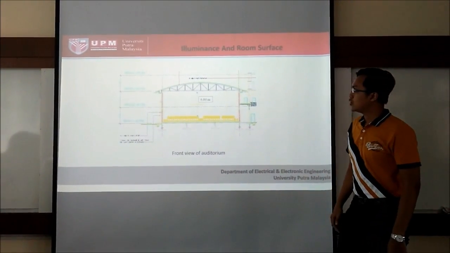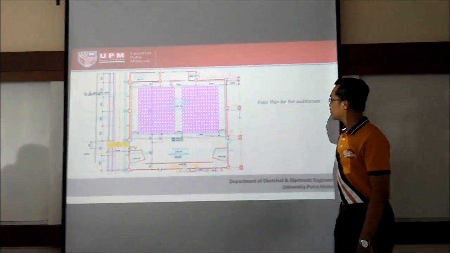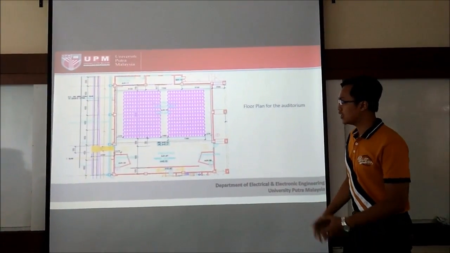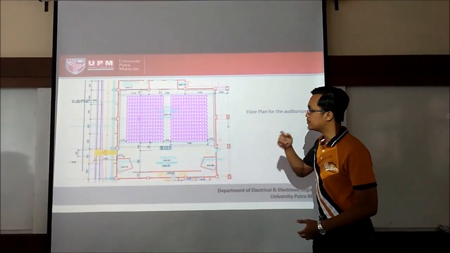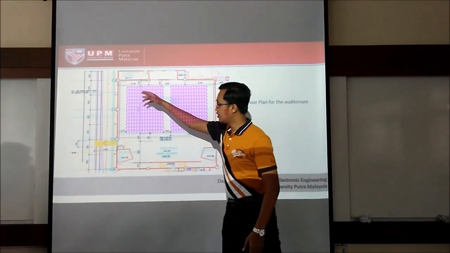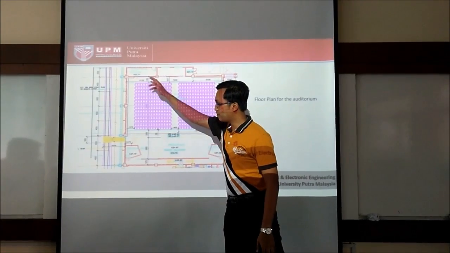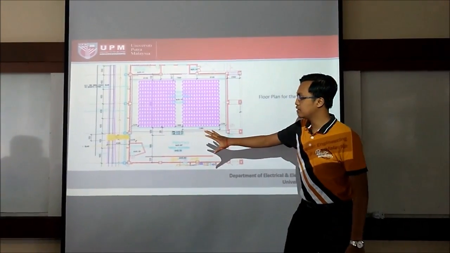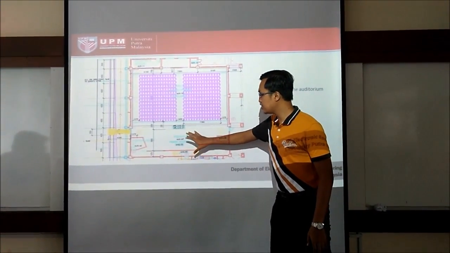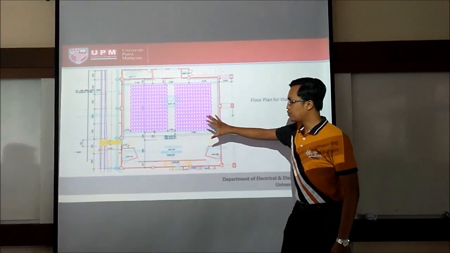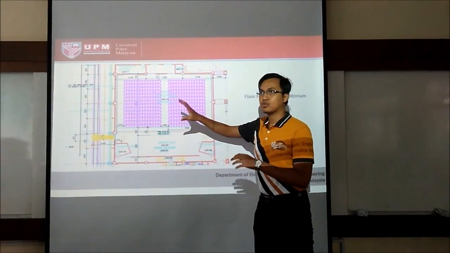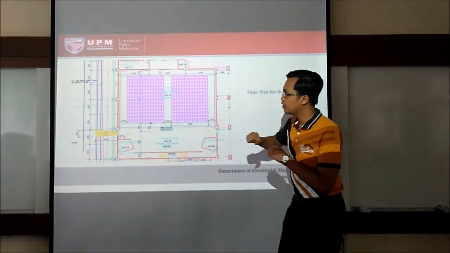Next, this is the floor plan for the auditorium. Basically, from this picture, we know that the total width of the auditorium, including the stage and the audience, is 24 meters.